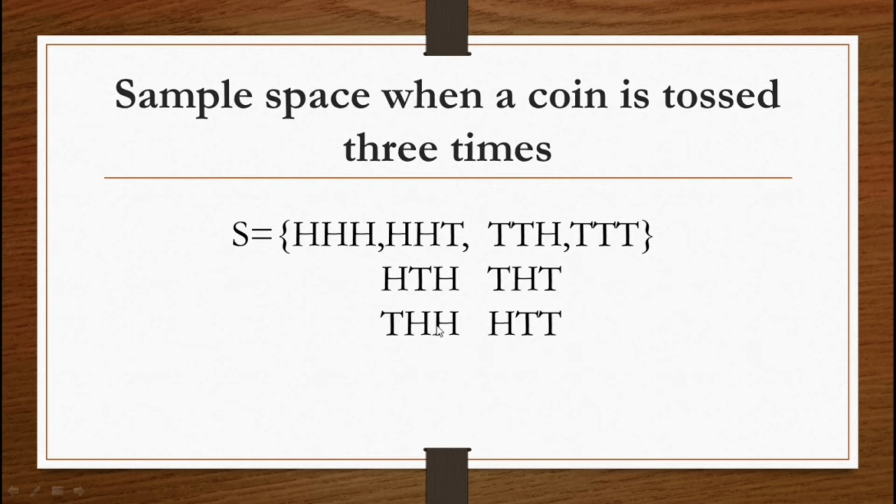These are the cases in which there are two heads and one tail. Now tail, tail, tail: you insert one head inside. Now change the order: head at second place and head at first place. These are the possibilities of tossing a coin three times.